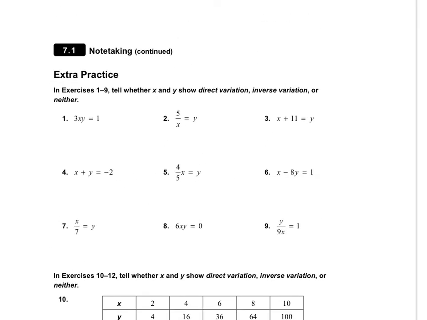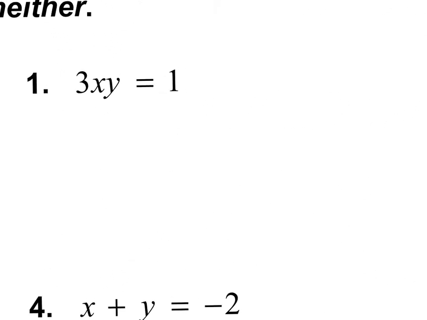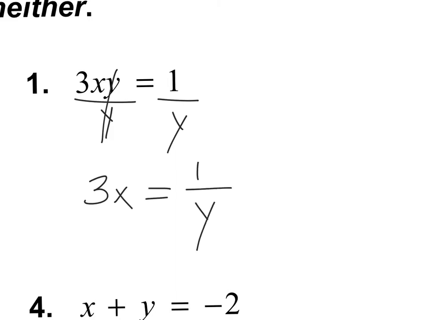So how do you know whether it is direct variation or inverse variation? When looking at an example problem, you're going to want to put the x on one side and the y on the other side. It doesn't actually matter which one's on which side. You just need an x on one side and a y on the other. So for example, I could divide the y over to this side. So that'll cancel. So I end up with 3x equals 1 over y.